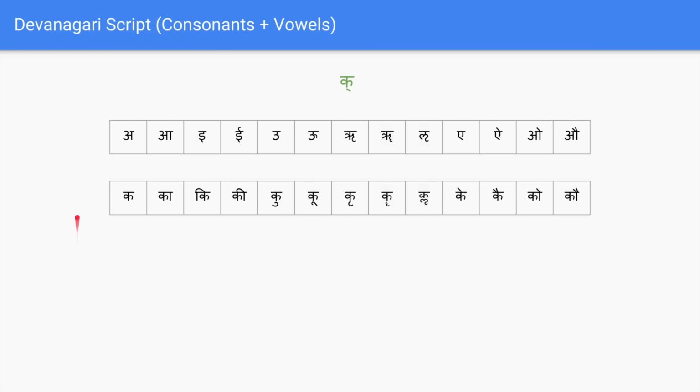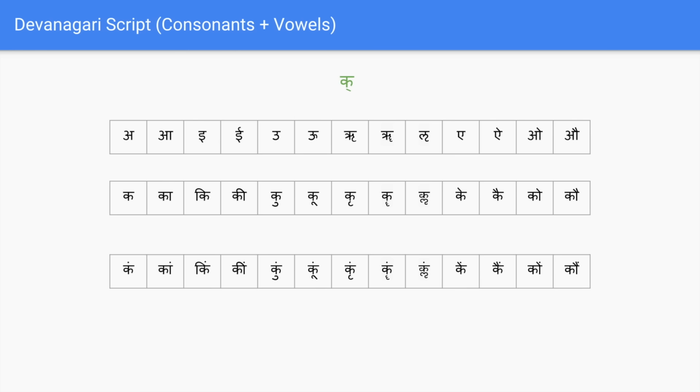Other than that, there are also two more signs, anusvara and visarga, that we will see now. Anusvara is nothing but a dot kept above a letter. So here you see ka, ki, these letters have a vowel associated with them, like k plus a, and after that there's a dot.